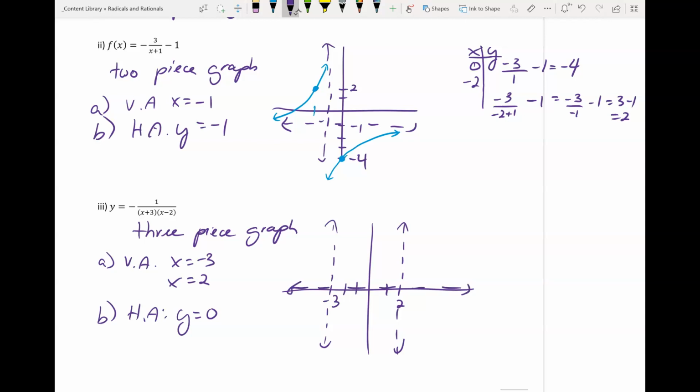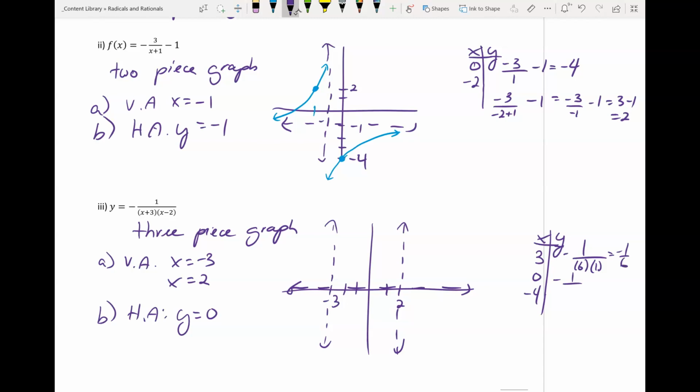Okay, and then I'm going to find 3 points this time, 1 in each section. So I'll pick 3, 0, and -4. And we're going to find its corresponding y value. So that's going to be 6 times 1, which is -1/6.